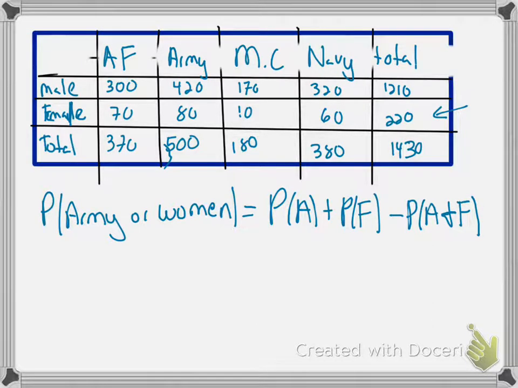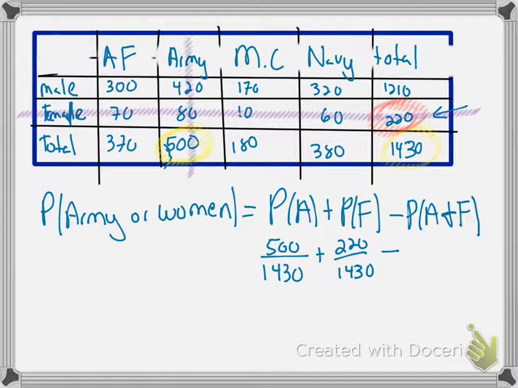The probability of being in the Army is 500 over our total, 1,430, plus the probability of being female, 220 over 1,430, minus the probability of female and in the Army. We have our two columns, female and in the Army, and where those two meet is at 80. That's where it's double counted.